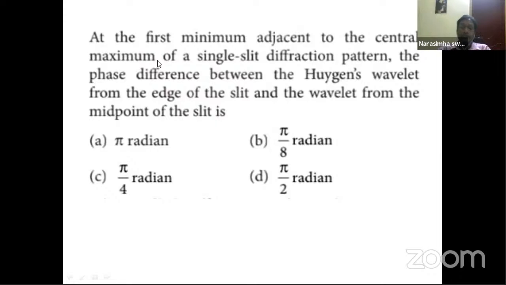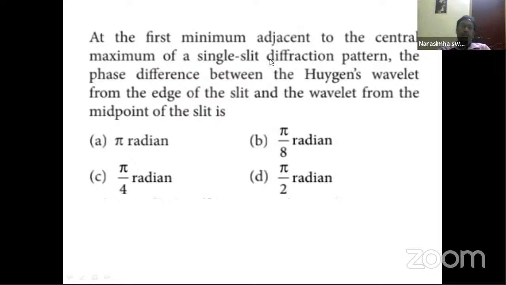I told you, in a diffraction pattern the central one is always bright, and on either sides of the central maximum all the fringes have decreasing intensities. Maxima and minima appear there. First minimum means from the center, which is a bright maximum, immediately after that comes the minimum. That is the first minimum.